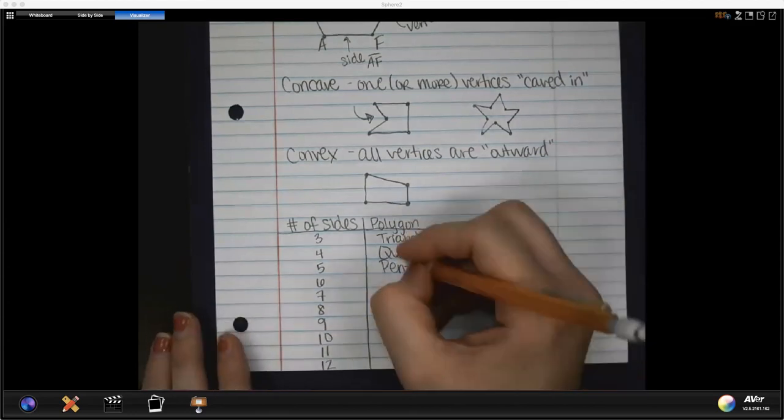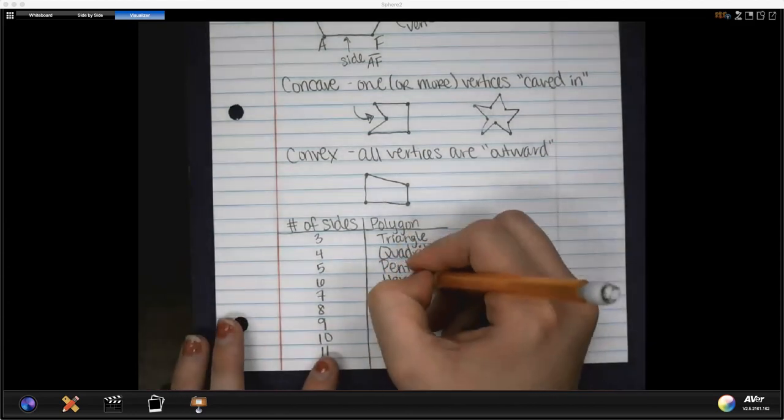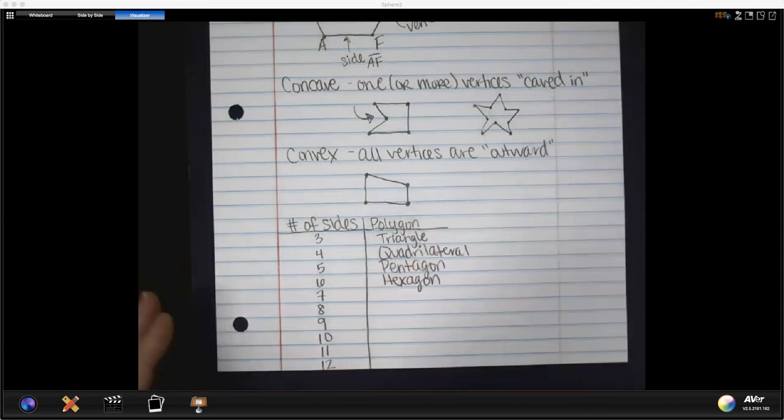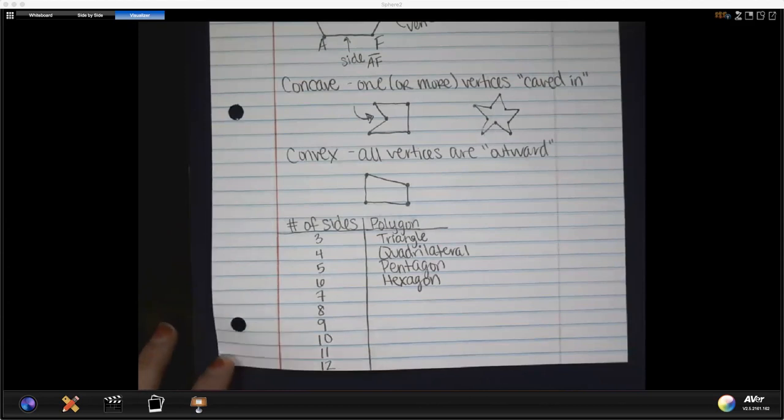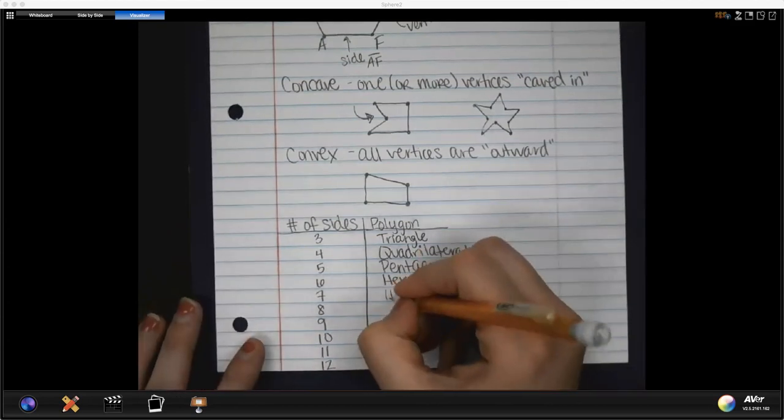Hexagon. Okay. 7. This one's normally not septagon. It's actually heptagon.